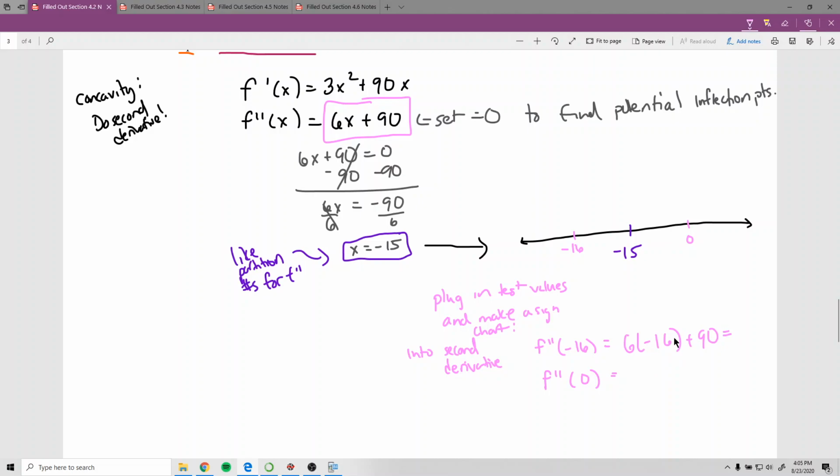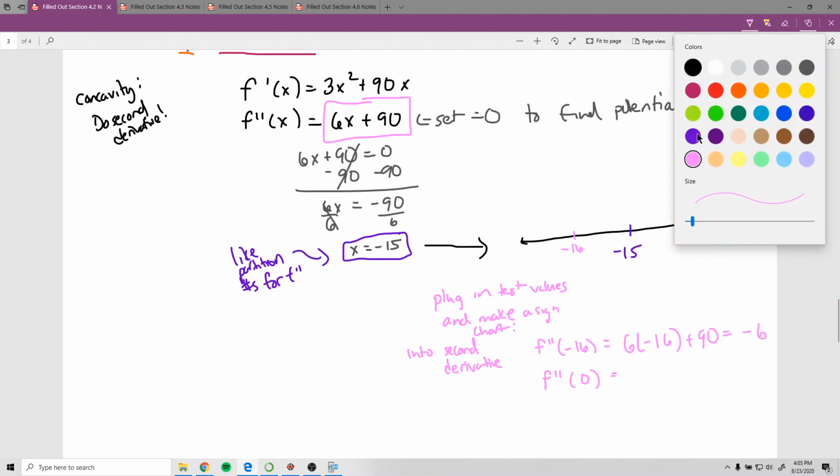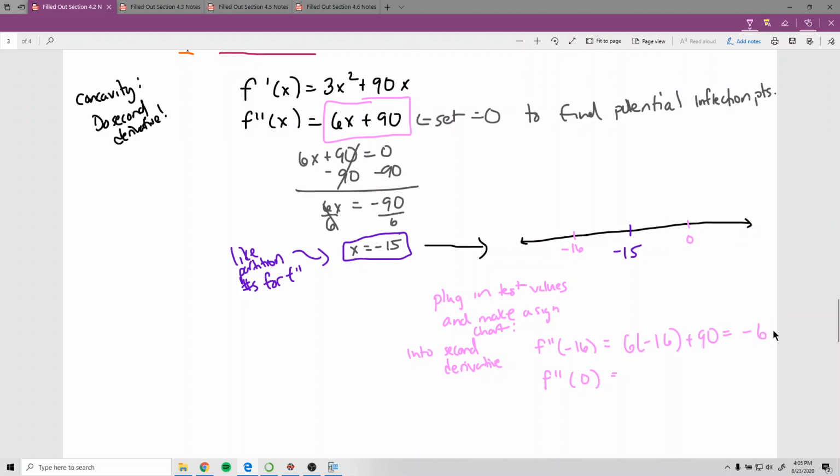And if you do that out, you'll get negative 6. All right, what do we care about? We don't care about the number specifically. We care that it's negative. Now, when we plug in 0 for x, that's the easiest way to plug in because we have just 90, and that is positive.